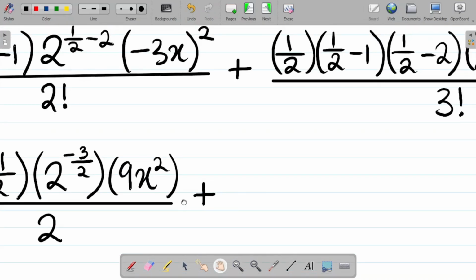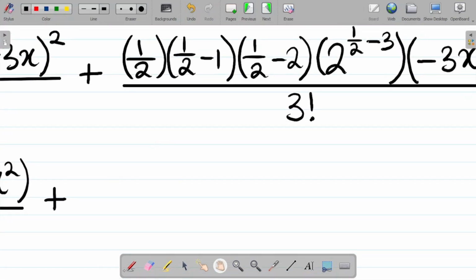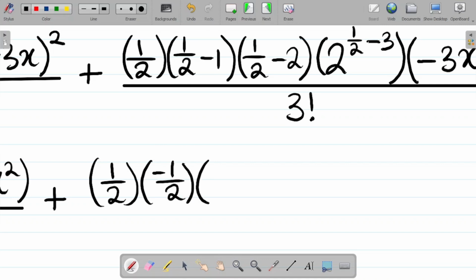Let me simplify this. In simplifying this, the first thing I have here is 1 over 2, so I have 1 all over 2. This into 1 over 2 minus 1. That's half minus 1, which gives you minus 1 over 2. All right, next up, 1 over 2 minus 2. If you punch 1 over 2 minus 2, you get minus 3 over 2.